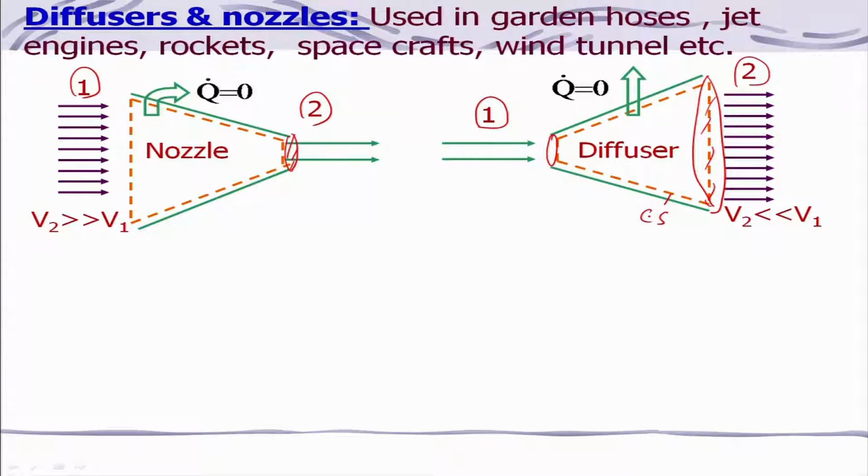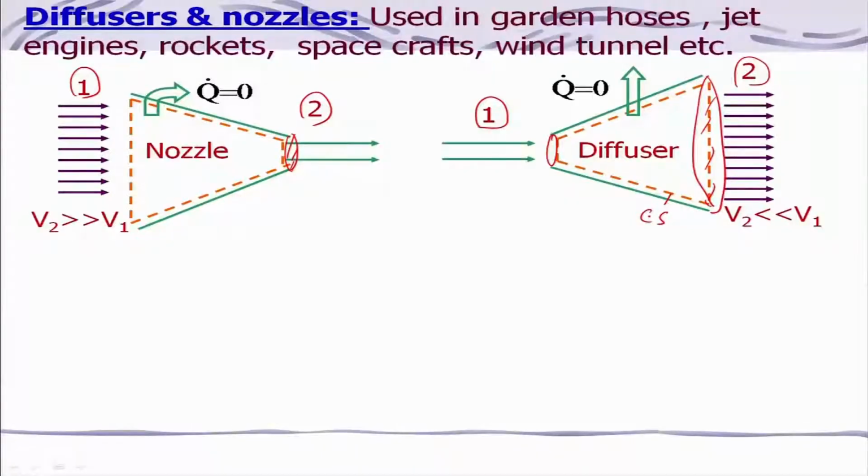Now, we want to analyze what is happening. Let us say we take a nozzle, what will be the exit velocity if I know the inlet velocity. Similarly, in the diffuser. For that we will have to apply the mass conservation equation and then the energy equation. But what assumptions can we make?